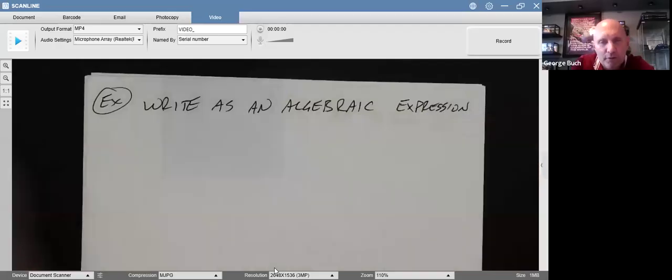So I'm going to stop right there for a second. Write as an algebraic expression. That means this is what kind of problem? I'm going to pause here as you think about it. Let the wheels turn, let the smoke come out of the ears. These are what kind of problem? Always, always, always, when you see write as an algebraic expression, this is a build a triangle problem.